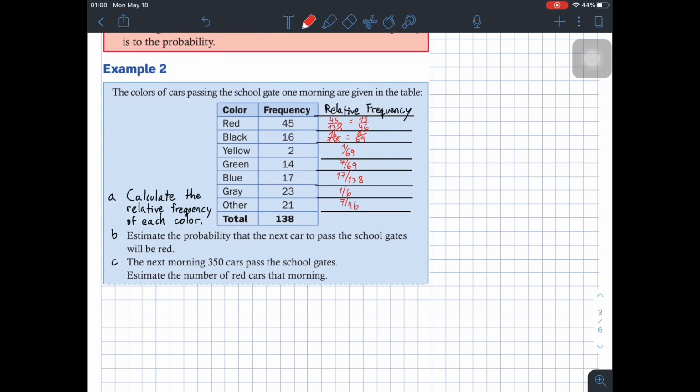If you add up all of these relative frequencies, you should get as a result 1, okay, which is 100%. So you may try that.